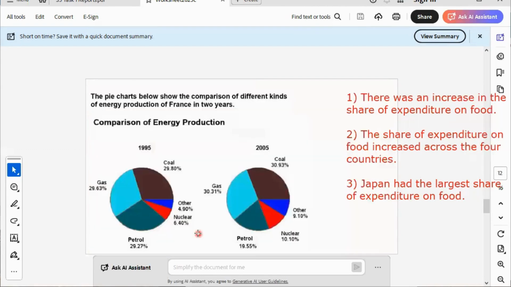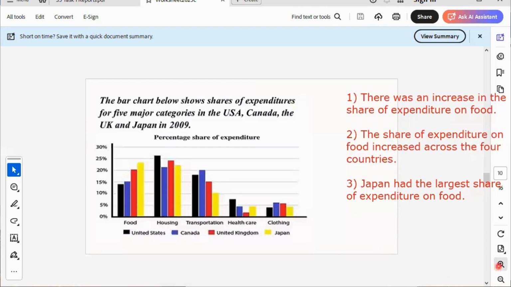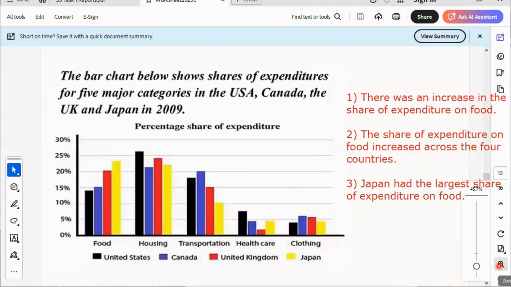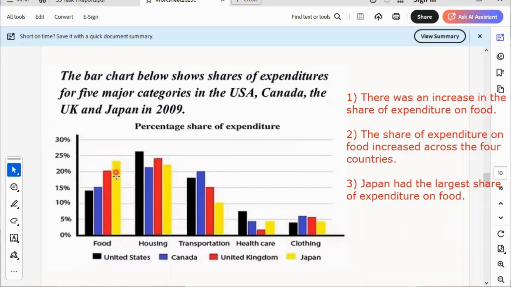Avoid language of trend. You cannot use words like increased. That's why number one and number two are rubbish and nonsense. Number three is the most appropriate: Japan had the largest share of expenditure on food.